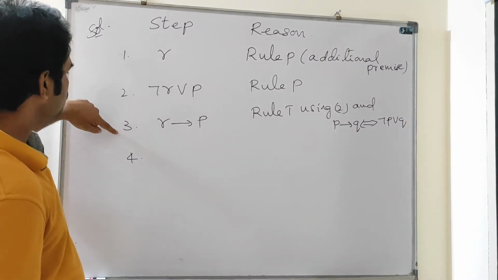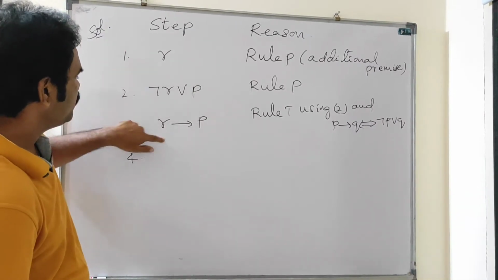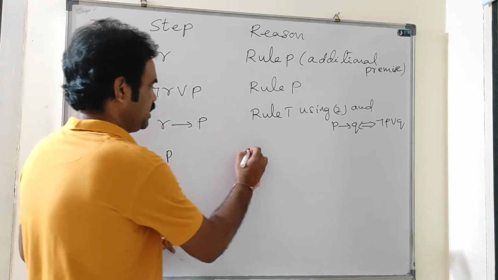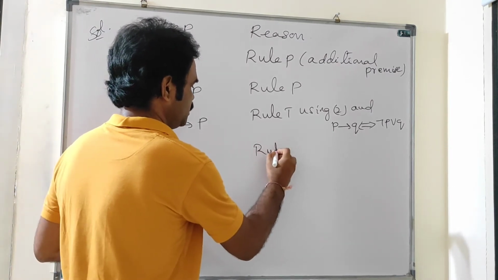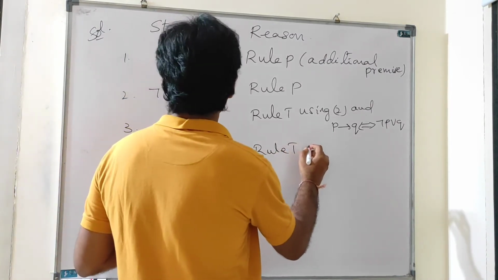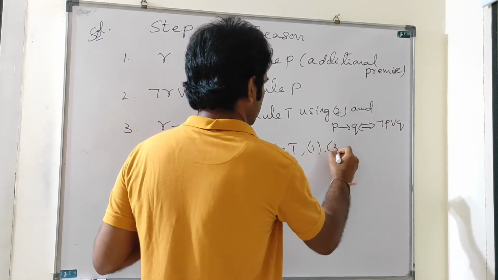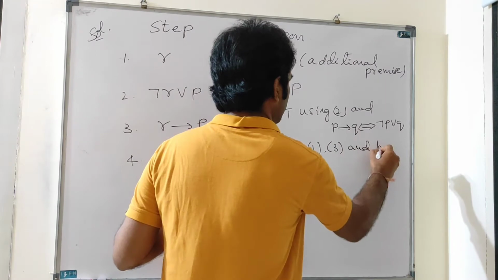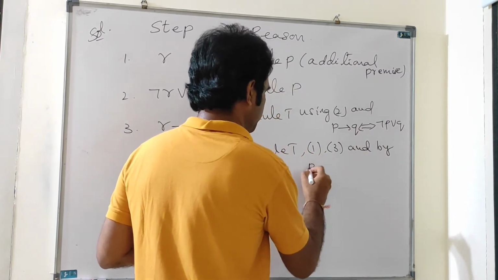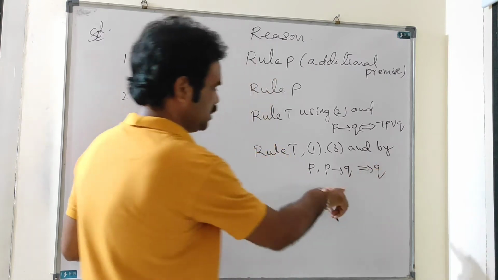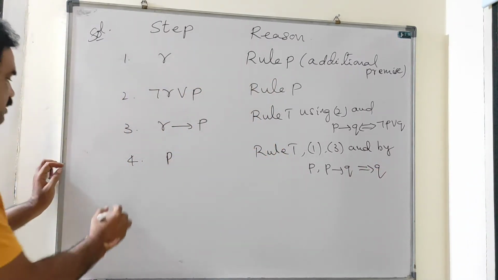See the first and third steps. R, R implies P. From this we get P by modus ponens. Rule T, using 1 and 3 and by modus ponens, that is P, P implies Q, imply Q. This is modus ponens.